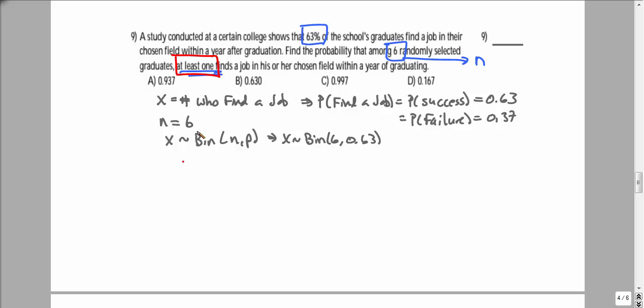Now the probability that we're asking for here is the probability of at least one finds a job. Okay, well this is going to be quite a bit of work, at least one. At least one would be 1 or more. So 1, 2, 3, 4, 5, and 6.